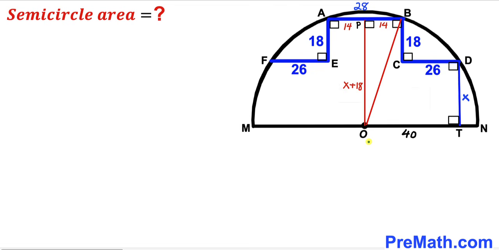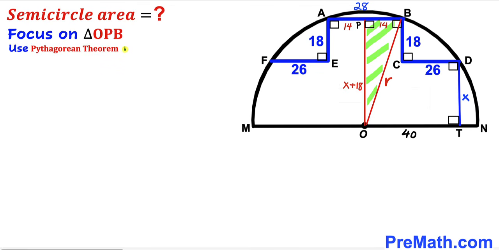In this next step, I have connected this center O with this vertex B. As a result, we end up with this right triangle OPB. We can see that OB is the radius of this semicircle, so I'm going to label this one as lowercase r. Now let's focus on this right triangle OPB and apply the Pythagorean theorem: a square plus b square equals c square.